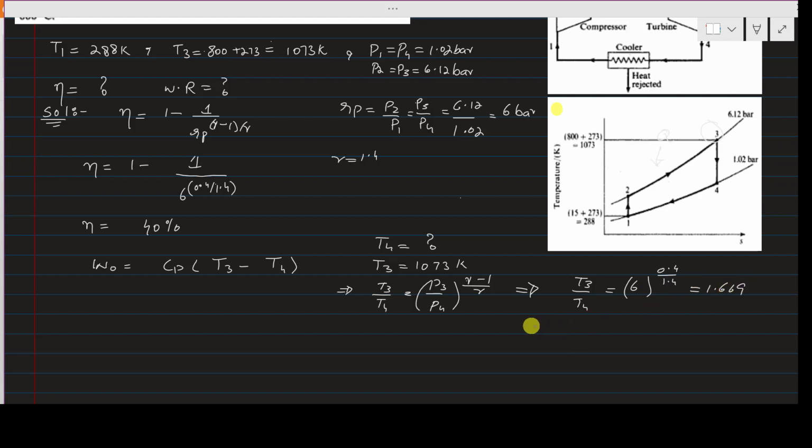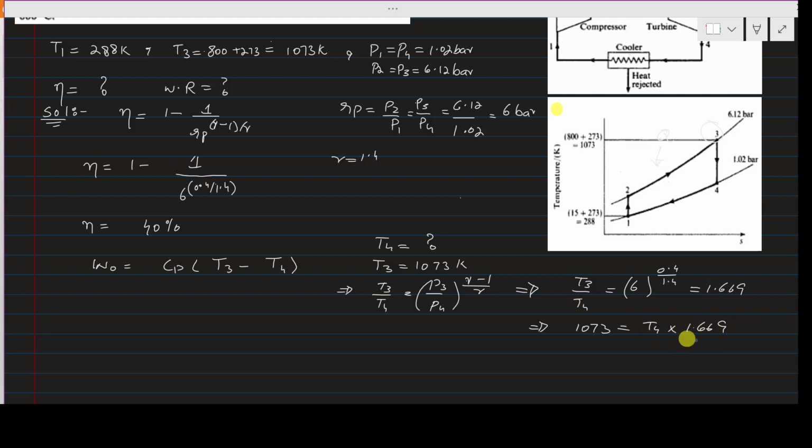So now things are getting very easy. T3 is known, that is 1073 Kelvin, and if you shift that T4, it will be in product form, that is 1.669.